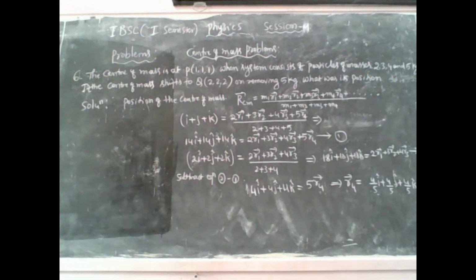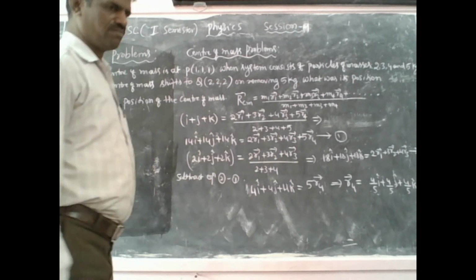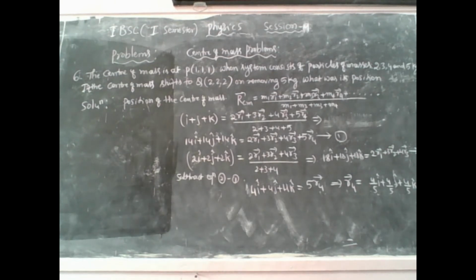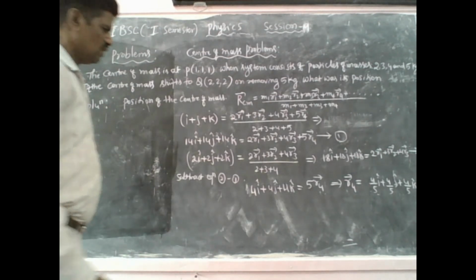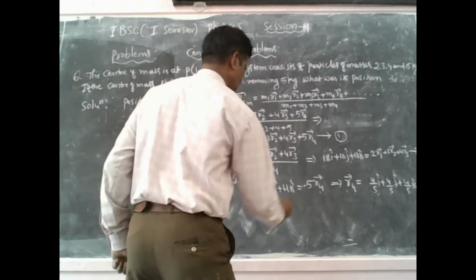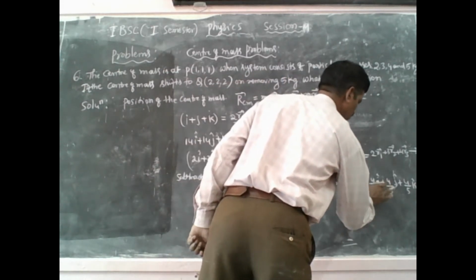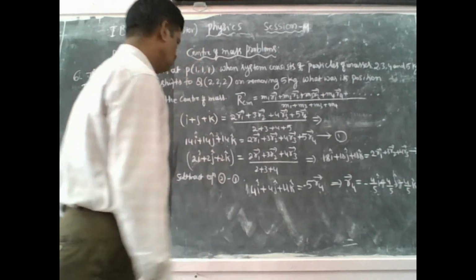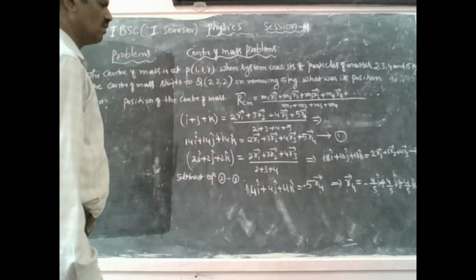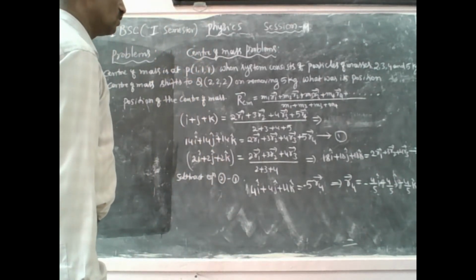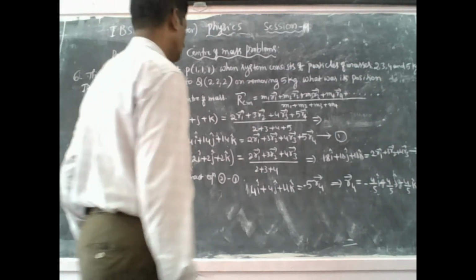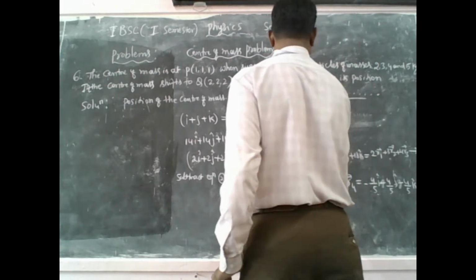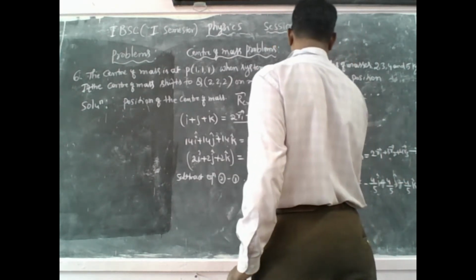So R4 is equal to, and here a negative sign is there, so we can put the negative sign. R1 cancels, 3R2 cancels, and 4R3 cancels.